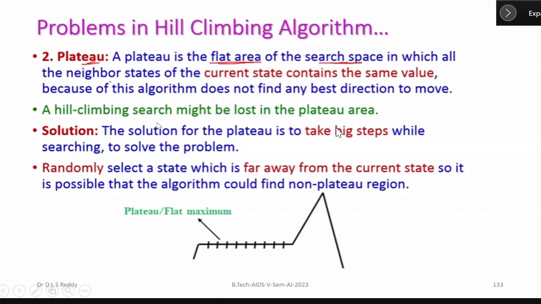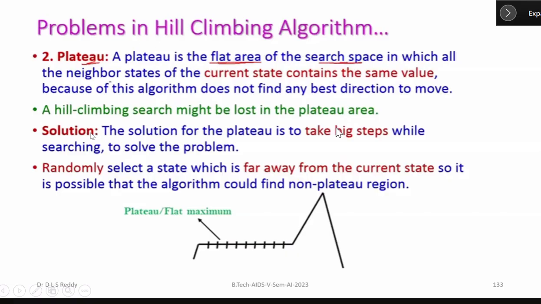So hill climbing search might be lost in the plateau area. If your algorithm searches and you get this flat maximum, then you can't reach this higher global maxima. It will think that this is the maximum value and it will stop the search there. So this is one problem here.